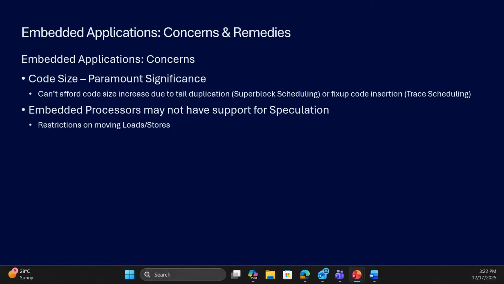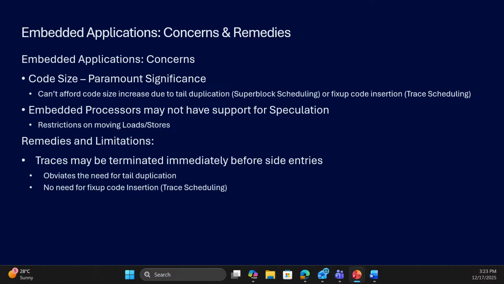But this kind of feature may not be available in embedded applications. So that's why we cannot simply move loads and stores across basic blocks. So what we did is we terminated traces immediately before side entries.